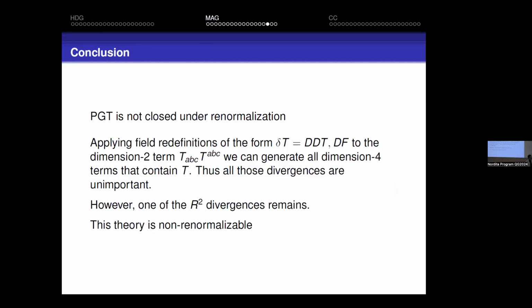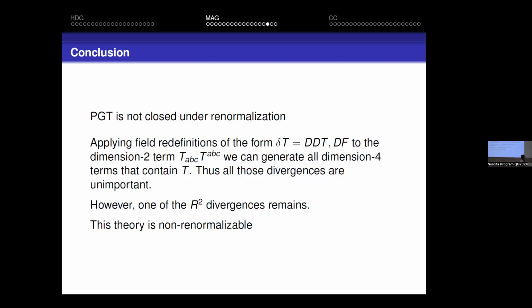In particular, it happens here that applying field redefinition to the term T squared, you can generate all the terms that I've written in that slide. And so you can absorb all these one loop divergences into field redefinitions. It's a little bit like in pure gravity, where the R squared terms can be reabsorbed by field redefinitions.